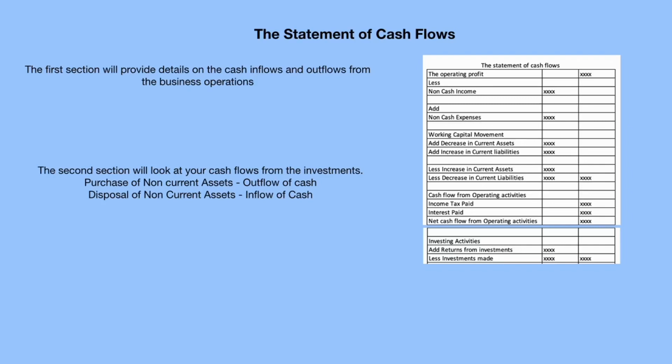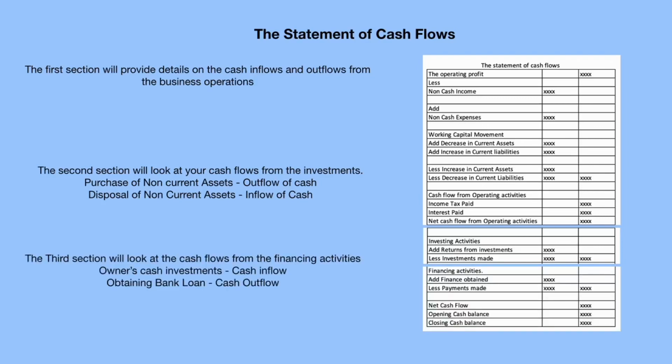So you will remove the investments that you make on your assets, or maybe on other company shares, or maybe on fixed deposits, right? And then you might sell some of your non-current assets. So when you sell your non-current assets, you will receive money. So those are cash inflows. So they will be added under your investing activities.